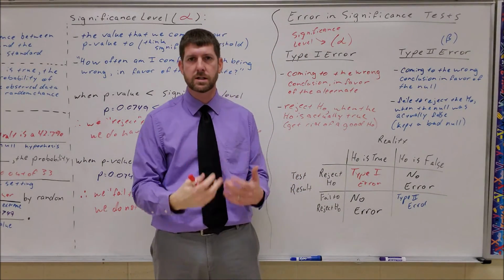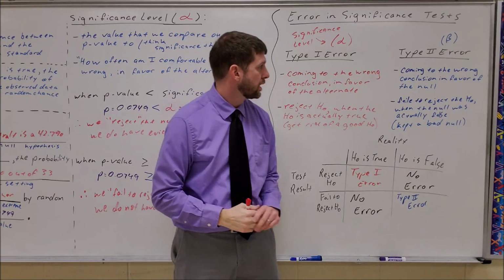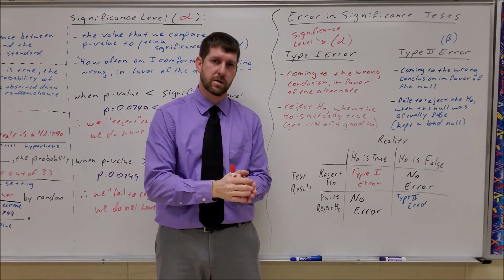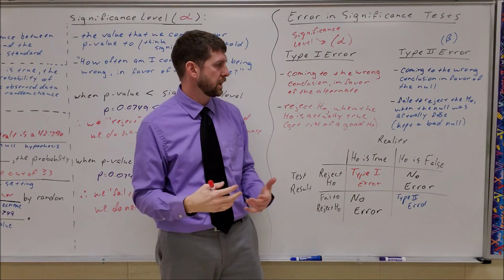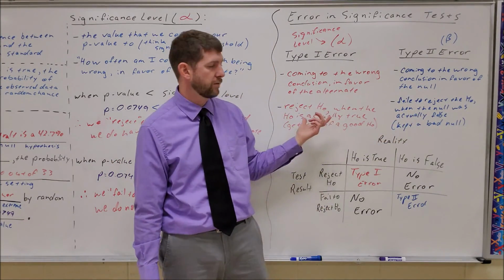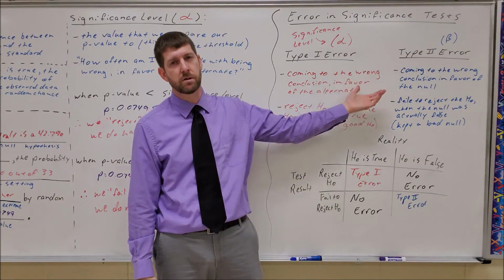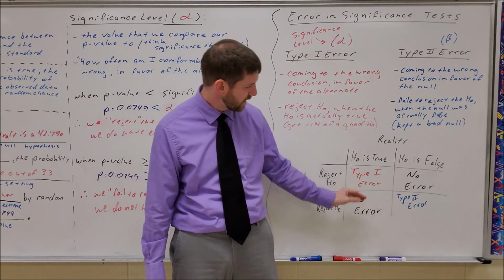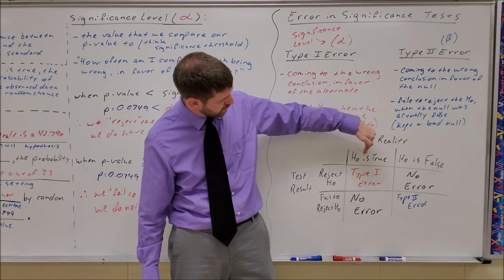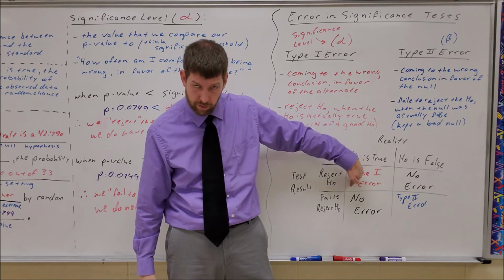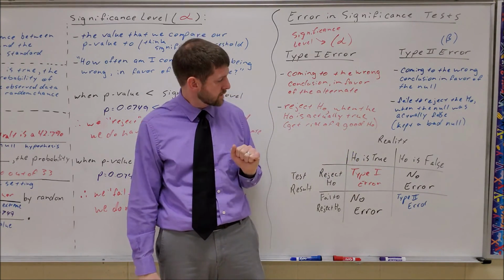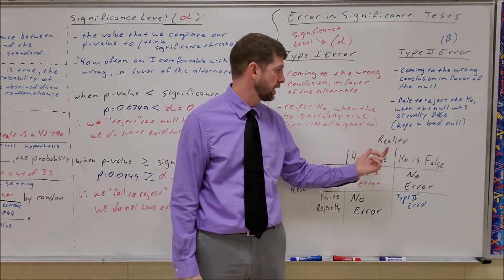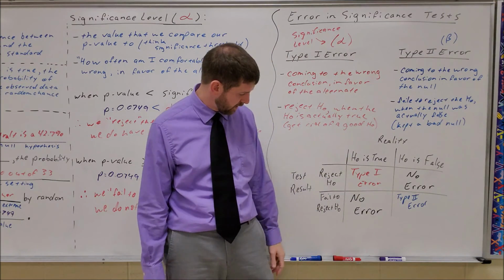You're picking your type 1 error. Type 2 error is not going to come off of that same sampling distribution. It comes off of an alternate reality sampling distribution because it's not built off of the null hypothesis being true. It's built off of the null hypothesis being a false statement. So reject the null, but we shouldn't have. We got rid of a good null. That's a type 1 error. Kept the null when we shouldn't have. So we kept a bad null. That's a type 2 error.